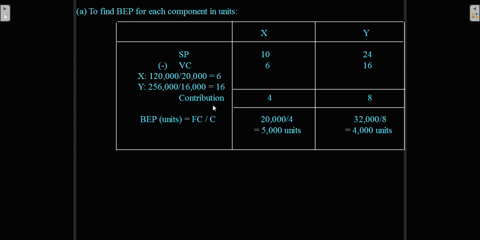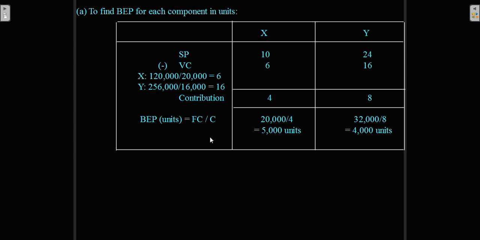So let's first see how to calculate the break-even point for each component. First we need to find the contribution, so selling price minus variable cost. Like I told you, they have given the total variable cost, so you have to find the variable cost per unit. We have divided the total by the number of units and found the variable cost per unit.